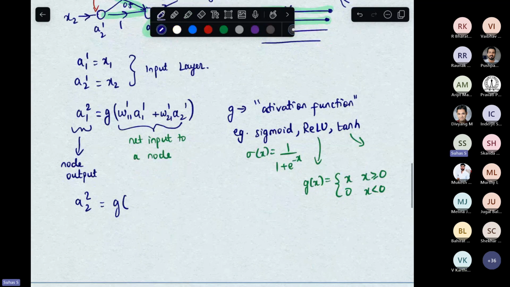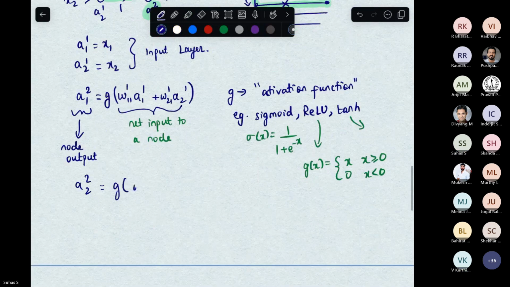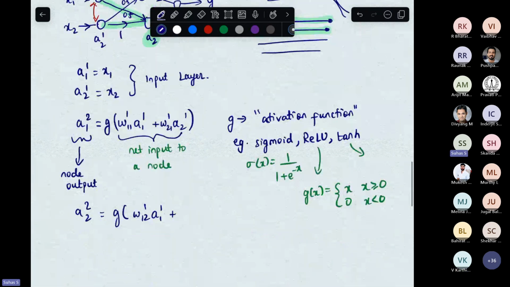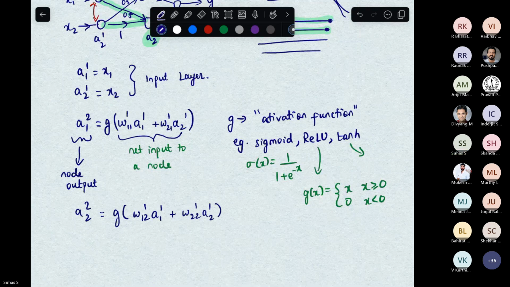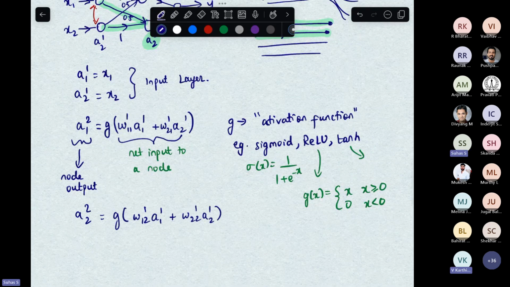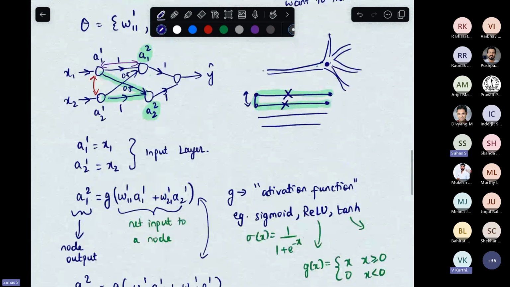So in this case, it's going to be W121 A11 plus W221 A21. So you can see that these two are different, right?